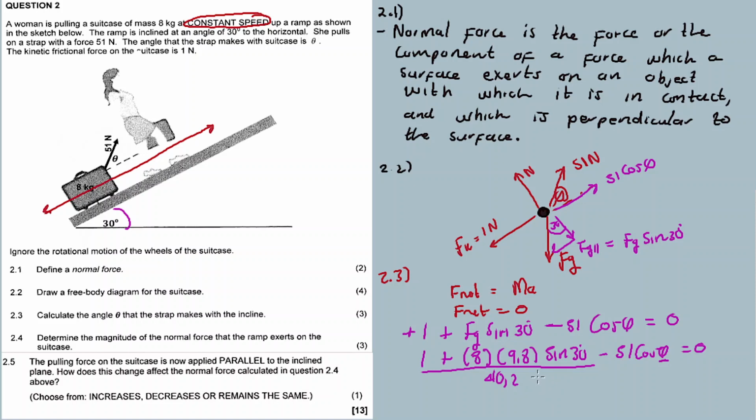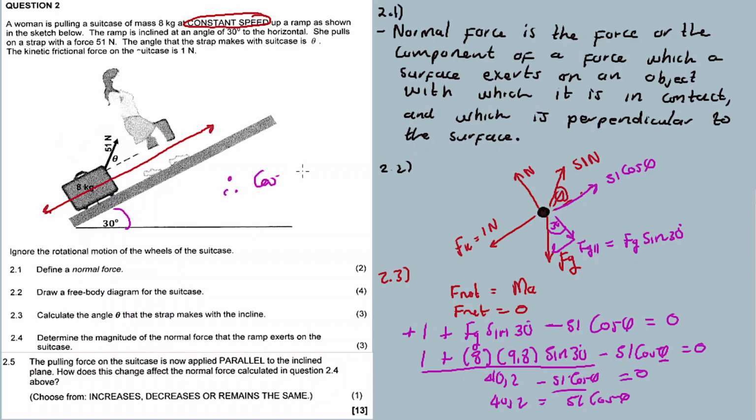Minus 51 cos theta. Then I transpose this value, and I find that it's 40,2 equals 51 cos theta.